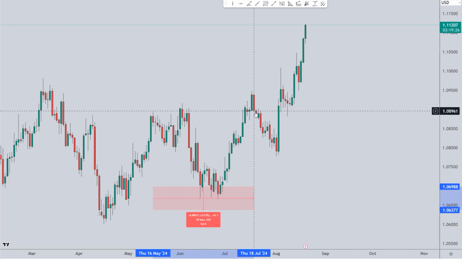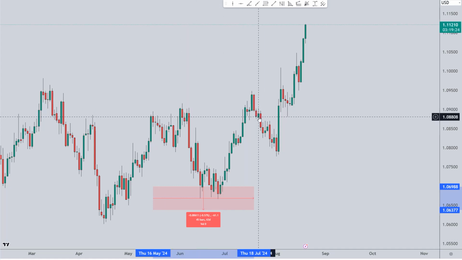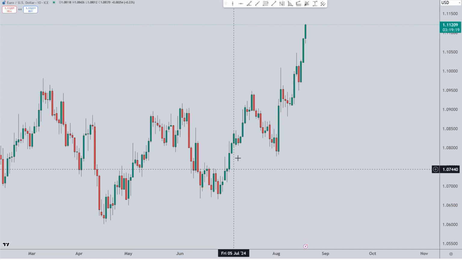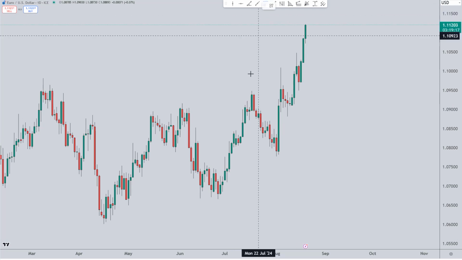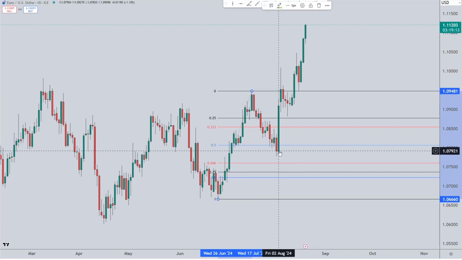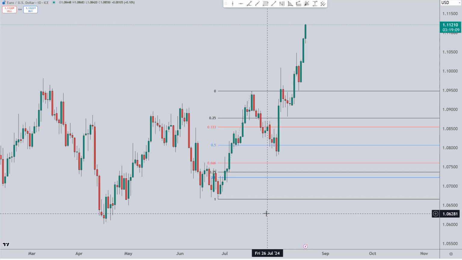If the market breaks down below that, my anticipation would be that this particular swing right here would be retraced about 50%. And we see that it makes it a little bit past 50%, but that's what my initial assumption would be.